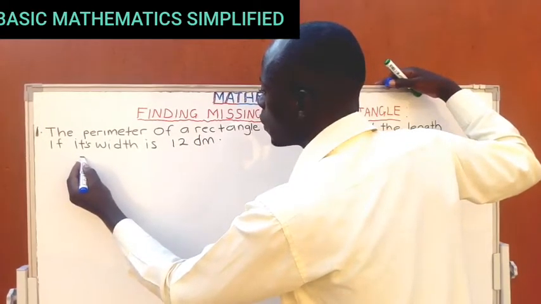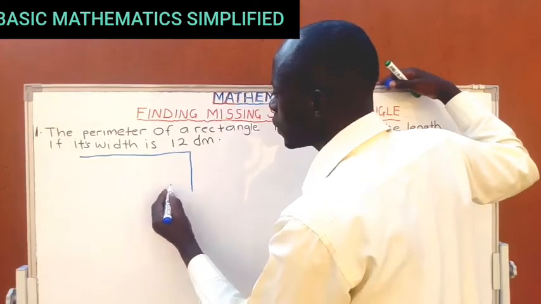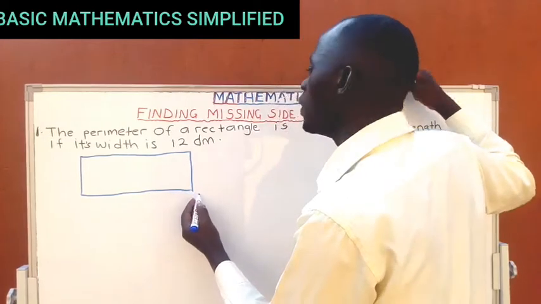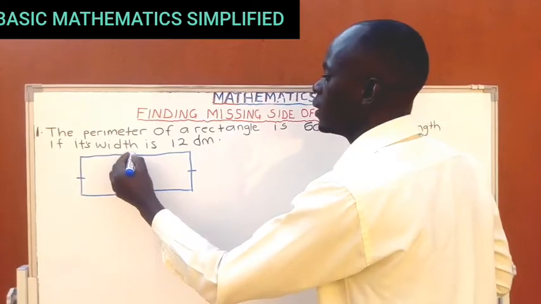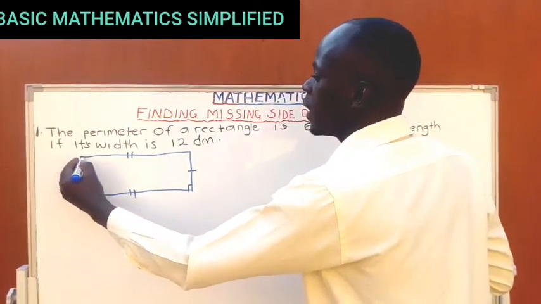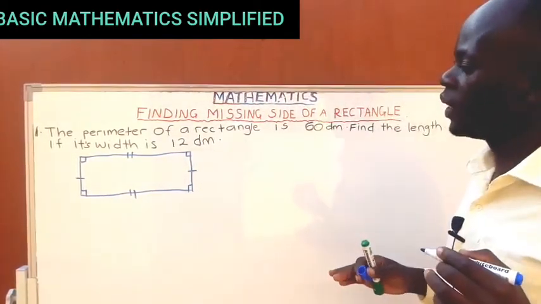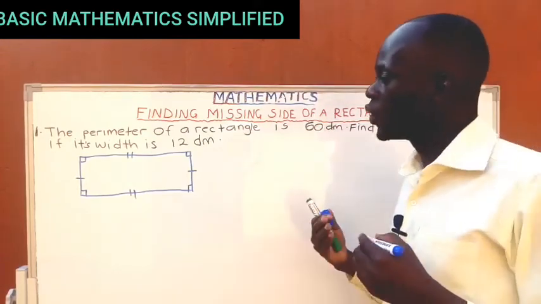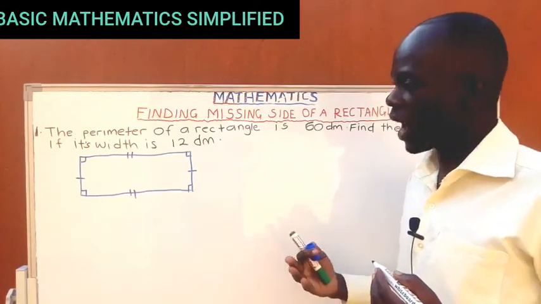This is how you need to draw your rectangle. You draw the rectangle and you represent it. Remember, this side is equal to this side and this one is equal to the other one, and these angles are supposed to be erect or perpendicular, as we have seen. When you are doing such a question, it's always very good to draw, because you will always find the best way to represent the answer.